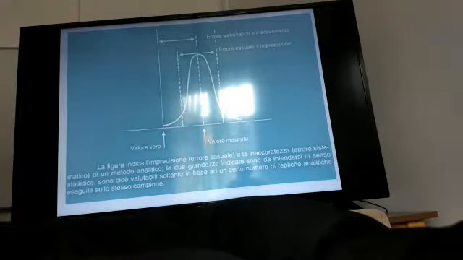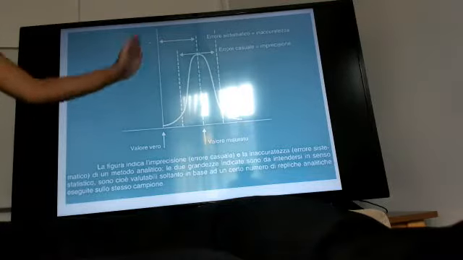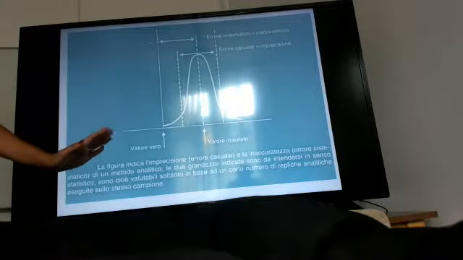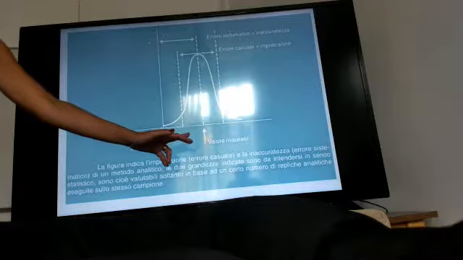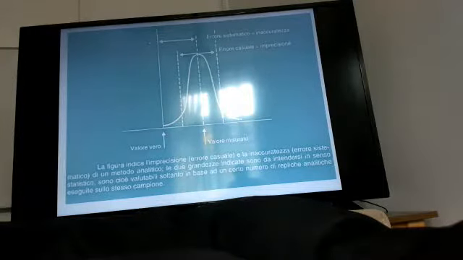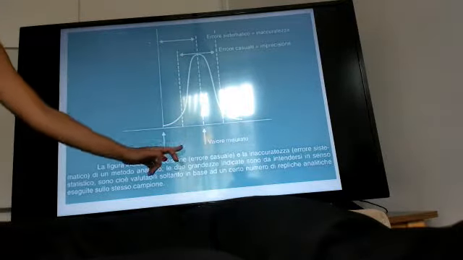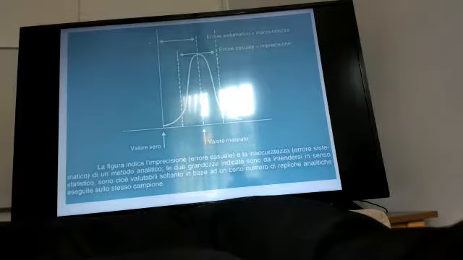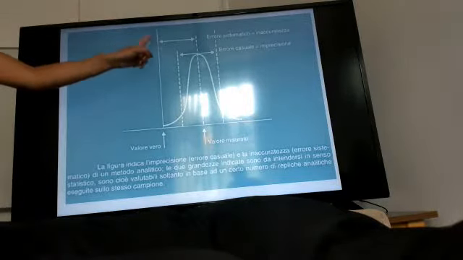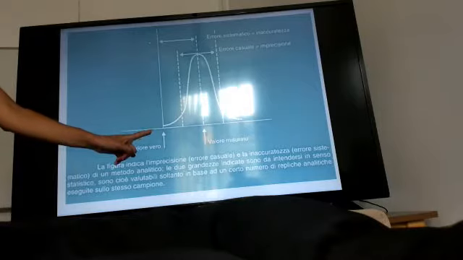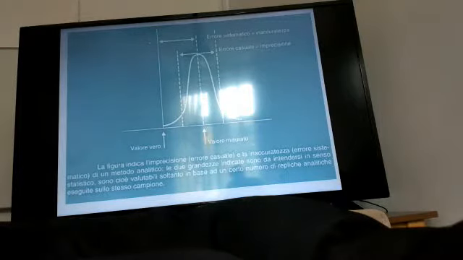I will try again. This is the real value. And this is what you measure. Imagine that you take just one measure in your sample. The difference between this measure and the real concentration that is known is the inaccuracy, so the systematic error. If your measure stays here, it means that inaccuracy is 0.